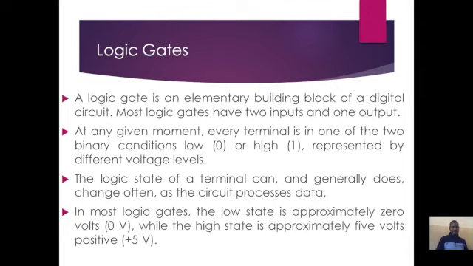So every terminal has one of two binary conditions: 0, which represents low, and 1, which represents high, and this represents different voltage levels. The state of a logic gate at a given terminal can be low or high, and generally changes often as the circuit processes data.